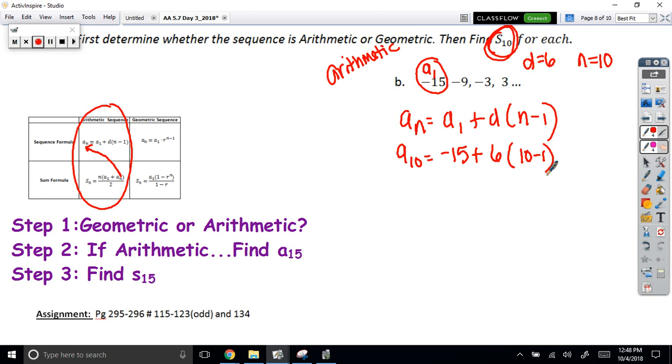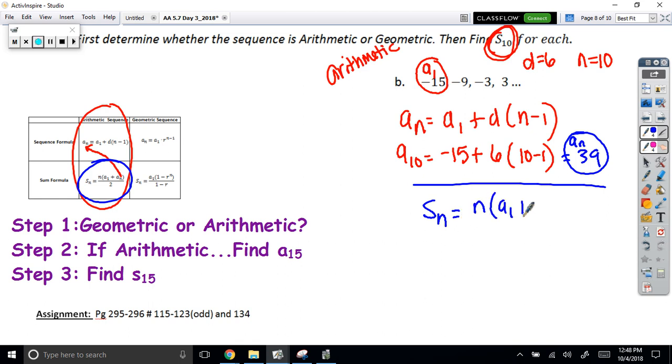Again, I probably would just punch that all in my calculator in one line of work, and we should get 39. And that's our A sub n. A sub 10, but also A sub n for our next one. So now we go to our actual sum formula. These are the advanced algebra problems.